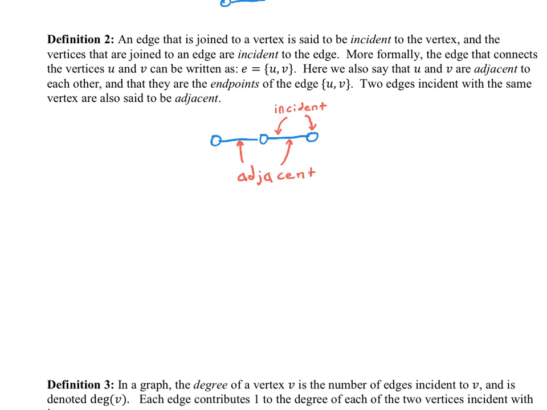So objects that are directly connected are incident, and objects that have something in between them are adjacent. You can also say that this vertex is an endpoint of that edge, or an endpoint of this edge and that edge. The most important definition going forward is incident. We're going to count the number of edges that are incident to vertices in the next definition.